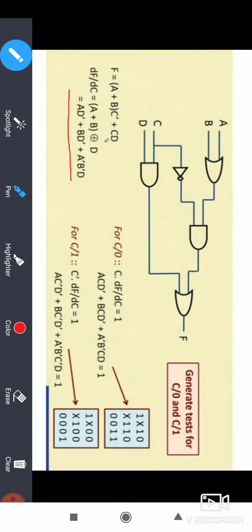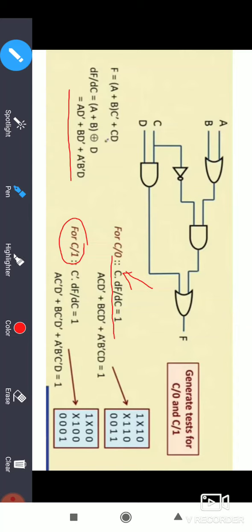Now we will apply this for C stuck at 0 and C stuck at 1. For C stuck at 0, we reverse the value, so you will use just C. The formula is C into df by dc equal to 1.